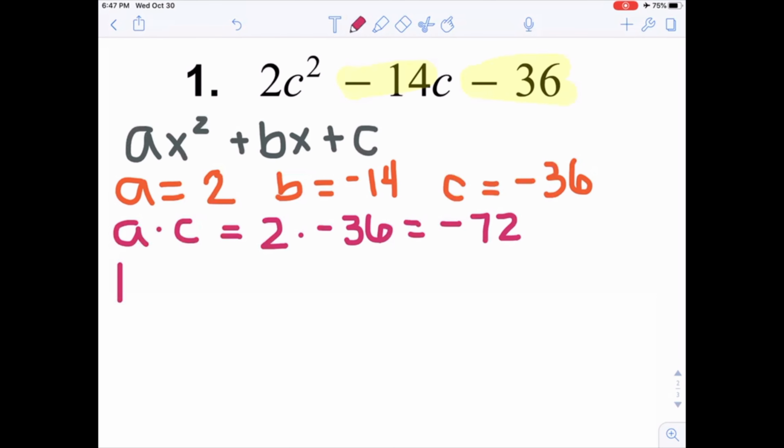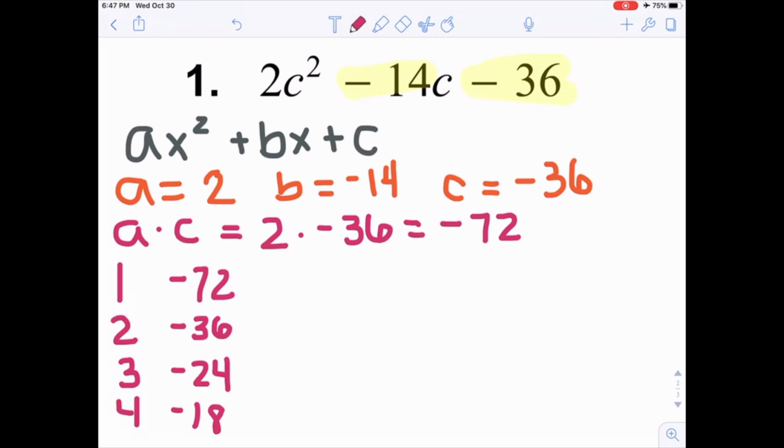So we have 1 and negative 72, 2 and negative 36, 3 and negative 24, 4 and negative 18, 5 doesn't go into it.